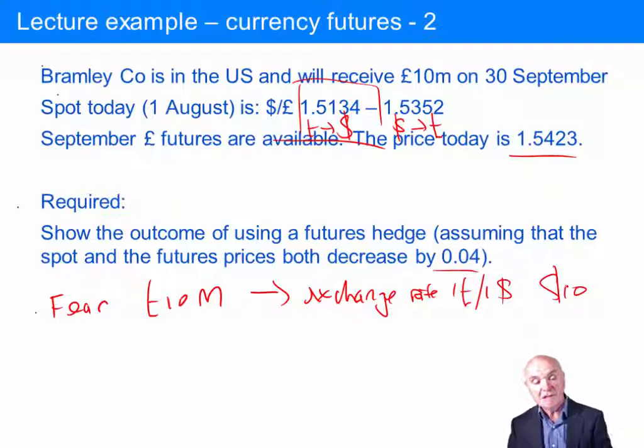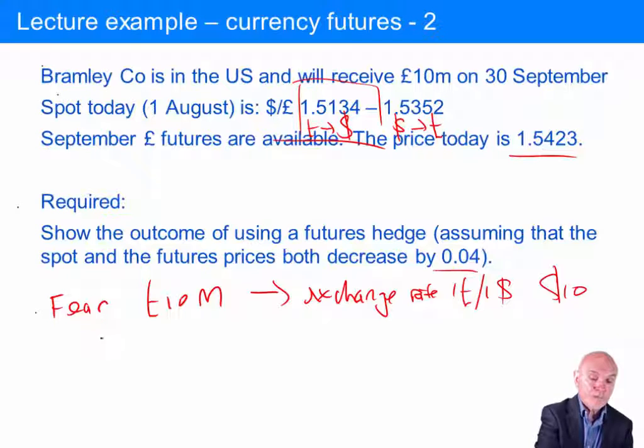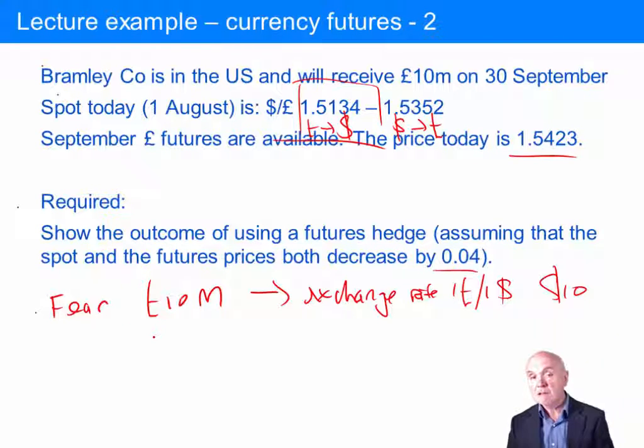At the moment, if we change 10 million, we're going to be getting about $15 million. So we fear the exchange rate going down.